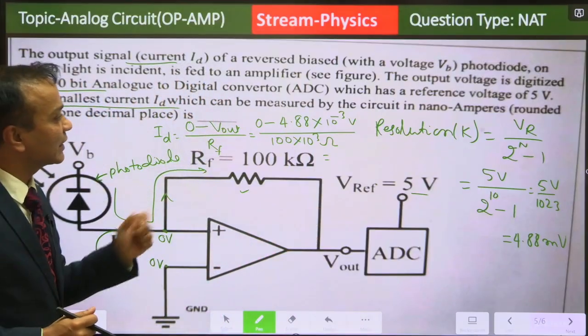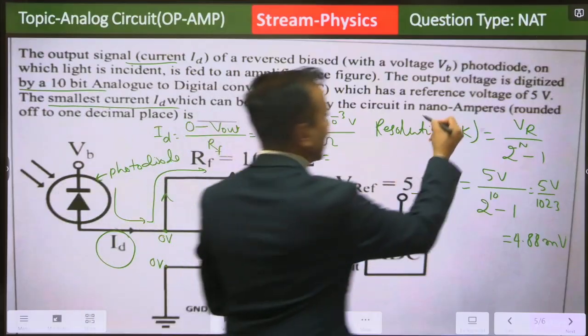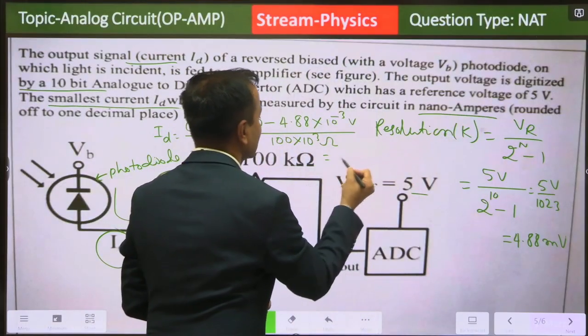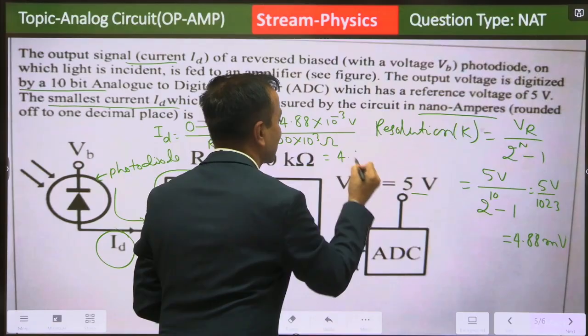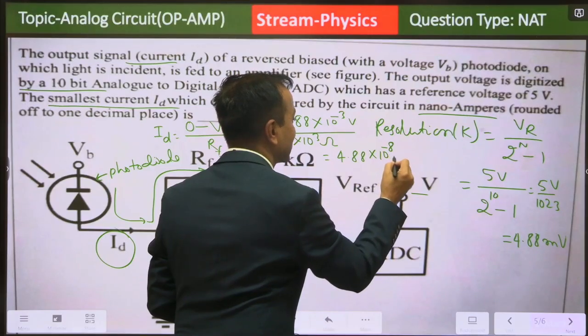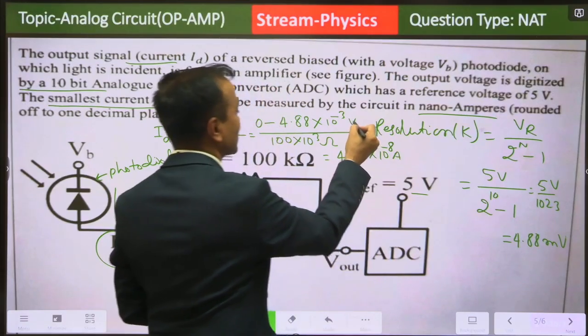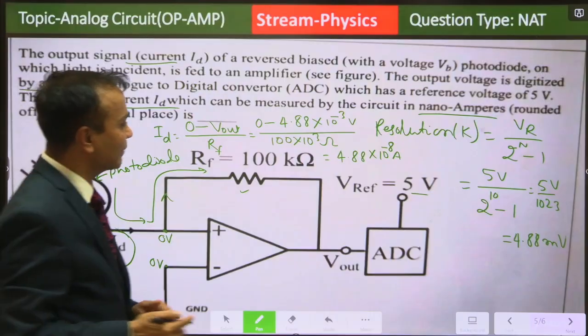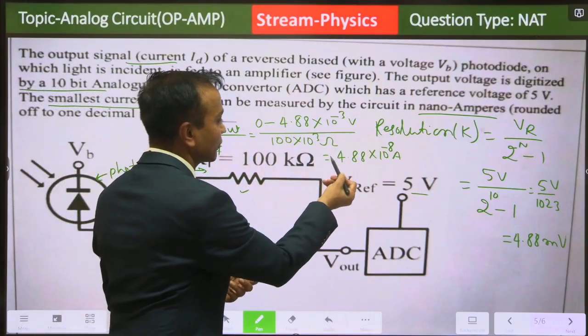So we need to represent this in terms of nano ampere. It means this will become 4.88 into 10 raised to minus 8 ampere, because volt by ohm is ampere, and the minus sign will definitely come here.